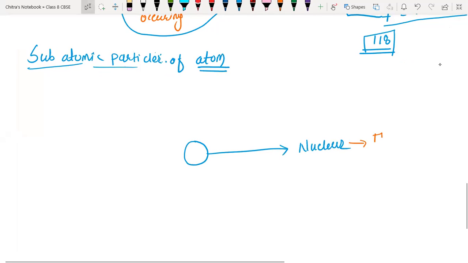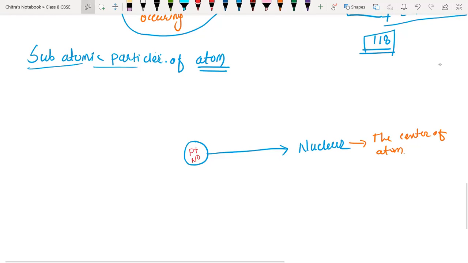The center of the atom. And inside the nucleus, protons have positive charge and neutrons have no charge. So inside the nucleus, protons, meaning positively charged, and neutrons, zero charge particles, are present.